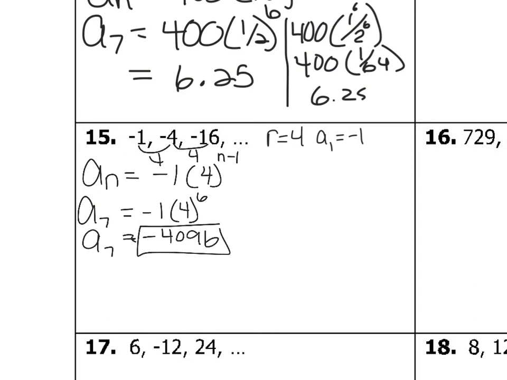So the seventh term equals that. If I wanted to say what is term 20, all I would do is, instead of 7, I would put 20. Instead of 7 minus 1, it'd be 20 minus 1, so that would have been 19, right?